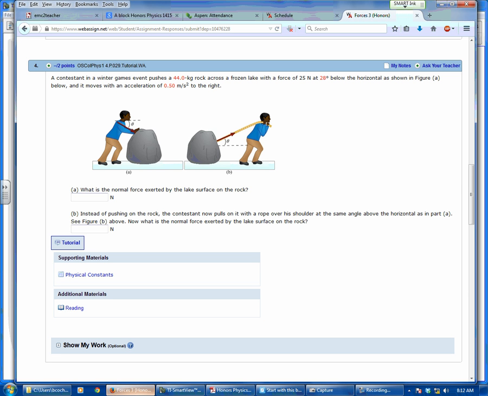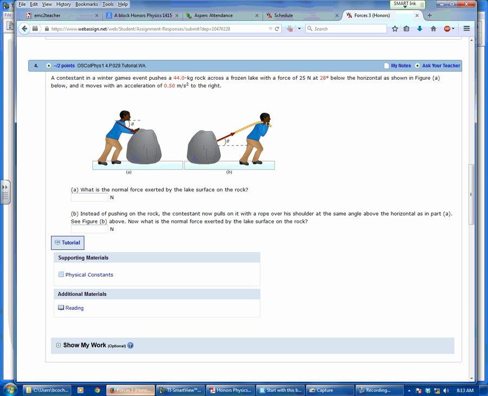What's that going to do to the normal force? If he's lifting up, it's going to decrease the normal force, and therefore that's going to decrease the frictional force. So he's going to have an easier time moving the rock if he pulls up on the rope than he is going to have pushing down on the rock, simply because of how that affects the normal force and how that's directly linked to the frictional force.